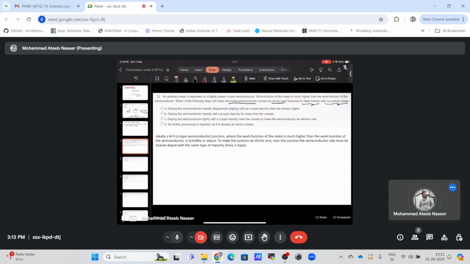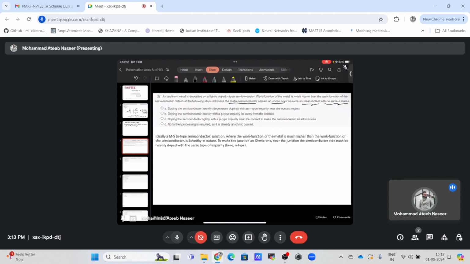It will be pinned to some other value because of the interface traps or interface states present in the semiconductor. Here we are told to assume there are no surface states, so we follow the ideal contact assumption.